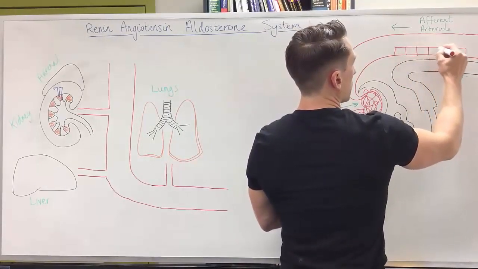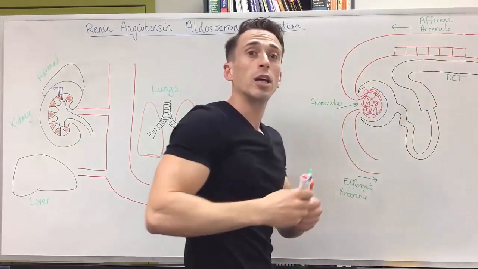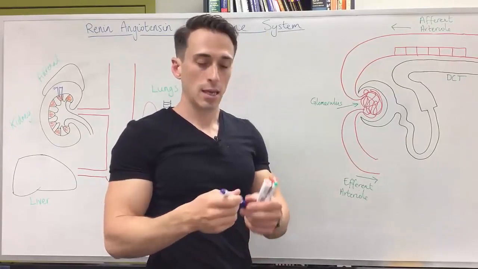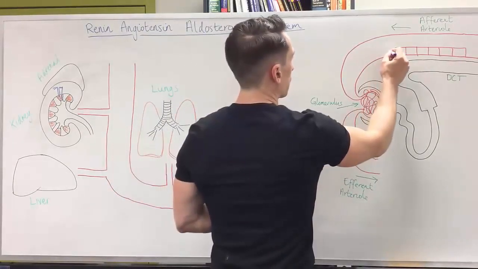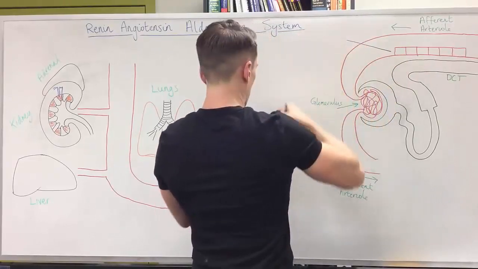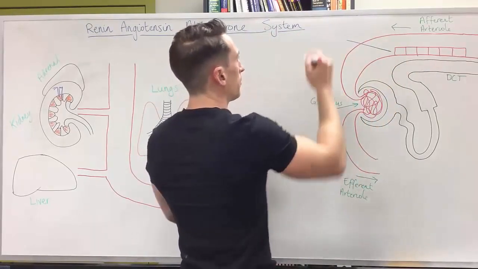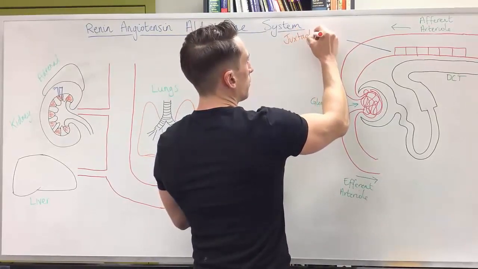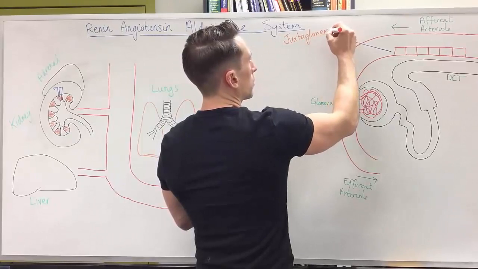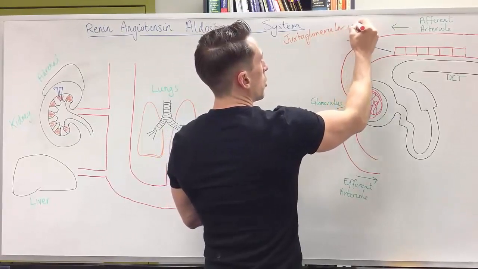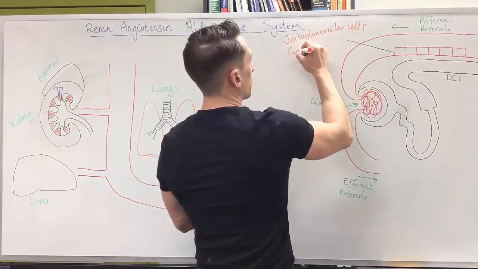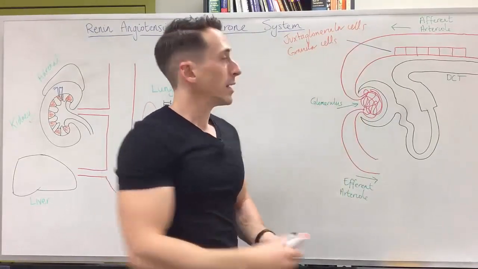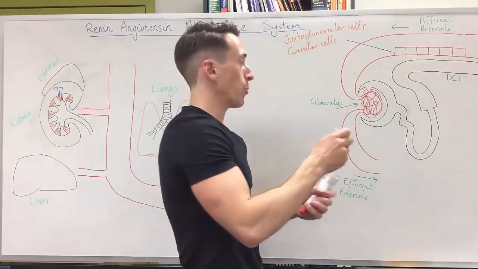Now these cells are called juxtaglomerular cells, also known as renin-releasing granular cells, or simply granular cells. Now, these are the cells that actually release renin.